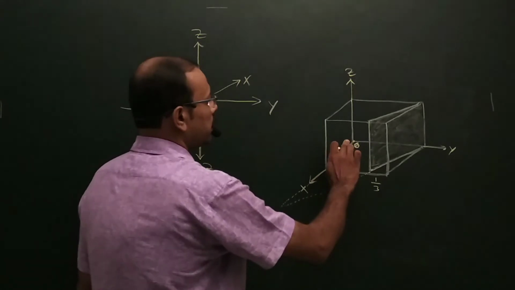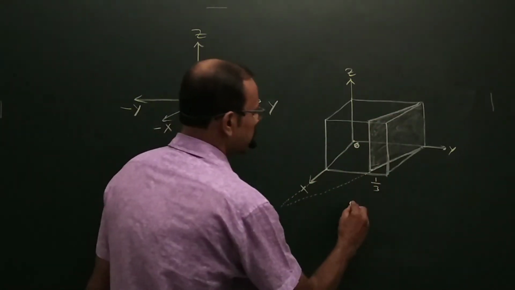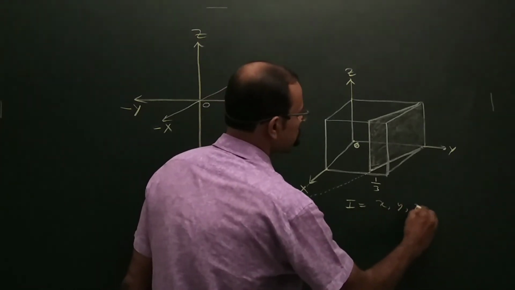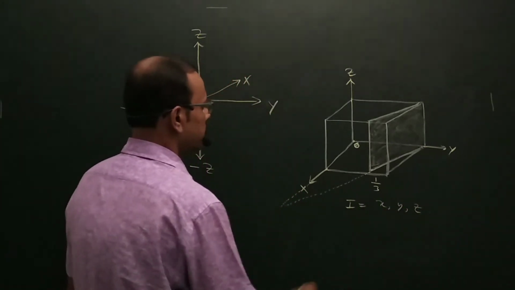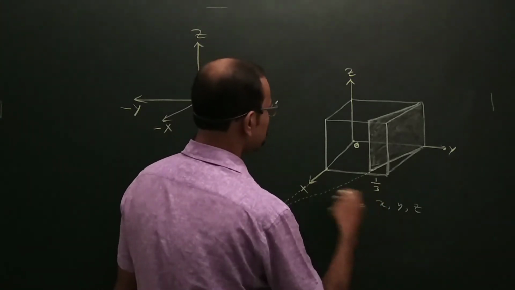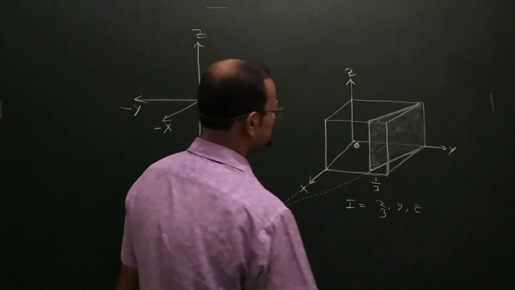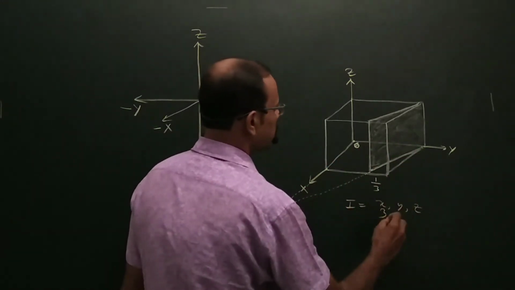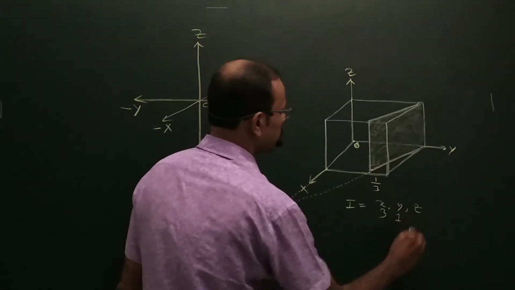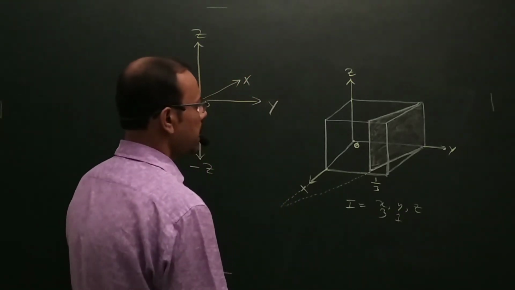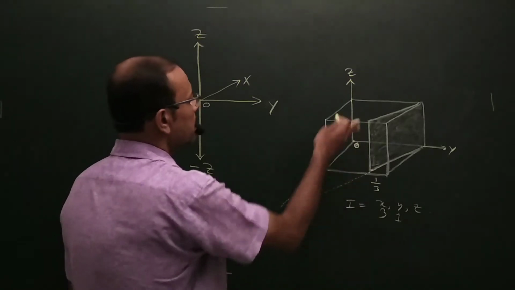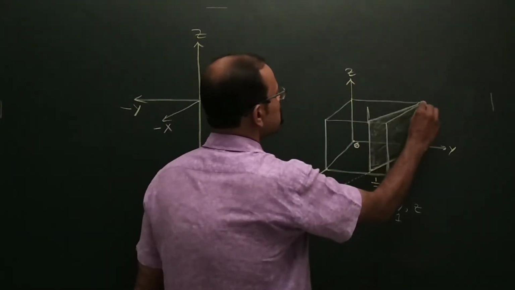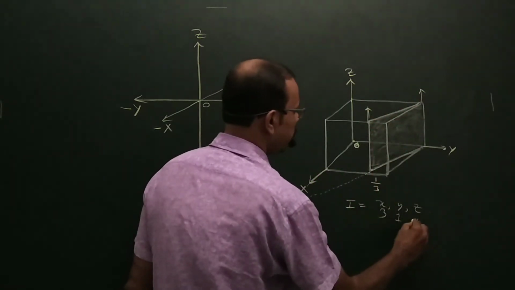So, according to the picture, the integers along x, y and z axis are, along x axis it is 3, along y axis you see it intersects the y axis at 1 unit, so 1, and along z axis you see the plane is parallel to z axis, okay, therefore it is infinity.